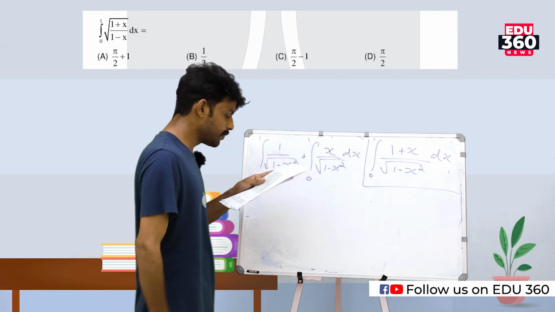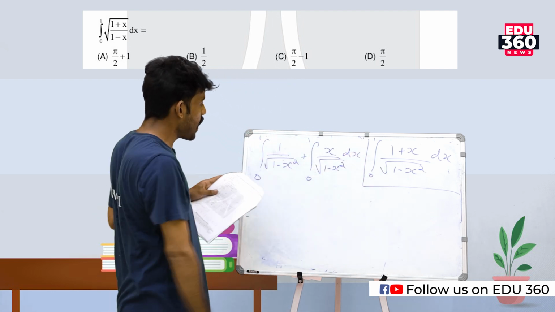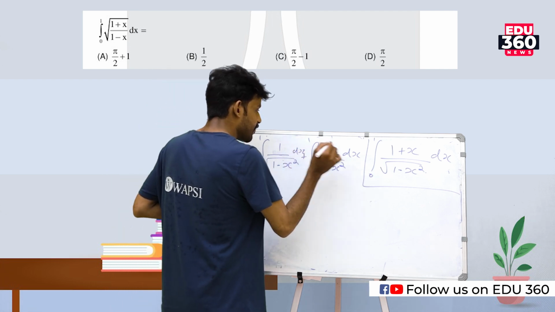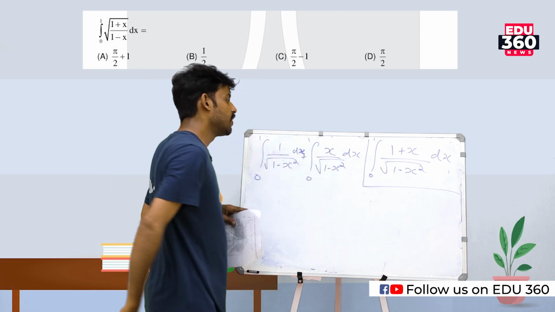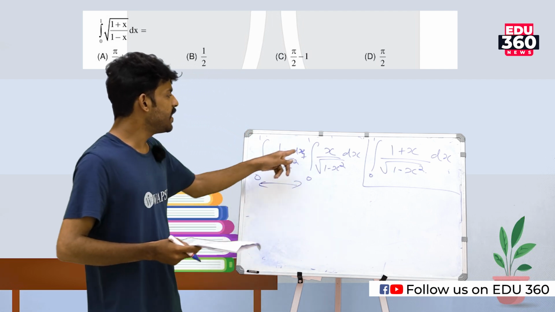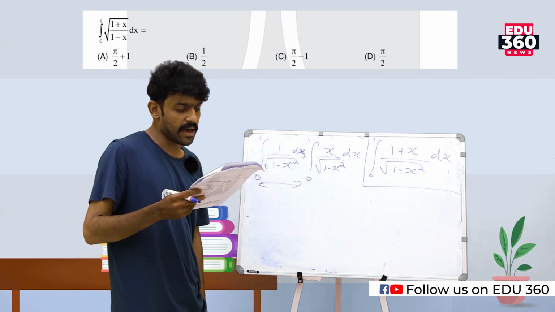And also here, 1 by 1 minus x square dx.